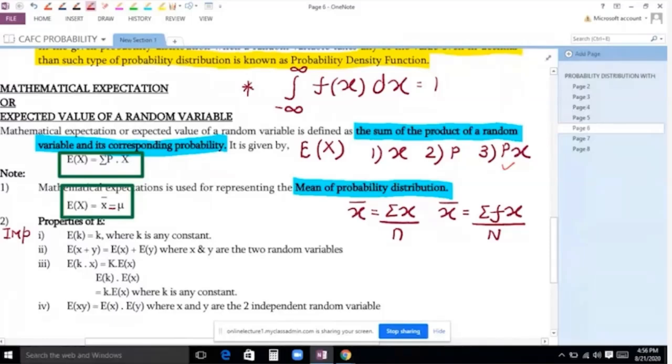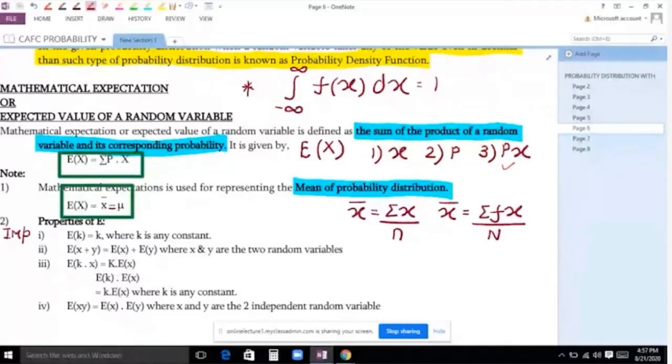Expected value of any constant, the answer is constant itself. जैसे कि तुम लोग ने बड़ा लास्ट ईयर लिमिट्स एंड कंटिन्यूटी चैप्टर पढ़ा था ना, उसमें हम लोग ने पढ़ा था कि limits for any constant, the answer is constant itself.